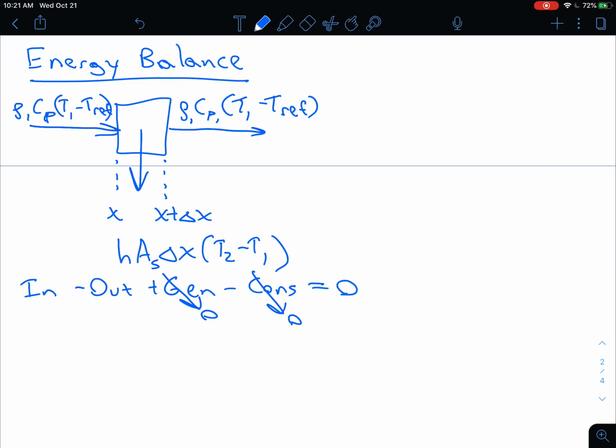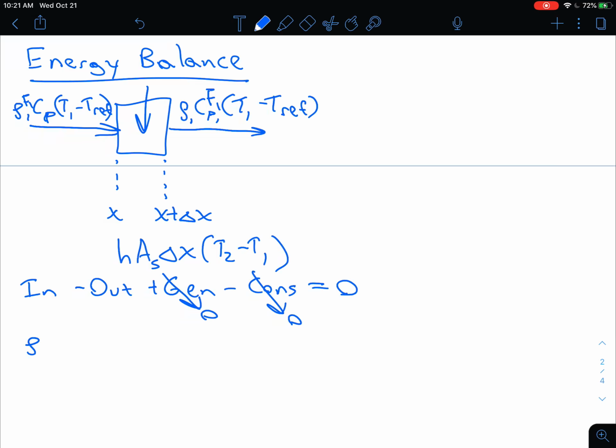So we need the inputs and the outputs. Oh, by the way, I didn't mean to draw it like this. I meant to draw it like this. So that's an input coming from stream 2. So once again, I forgot the flow rates.